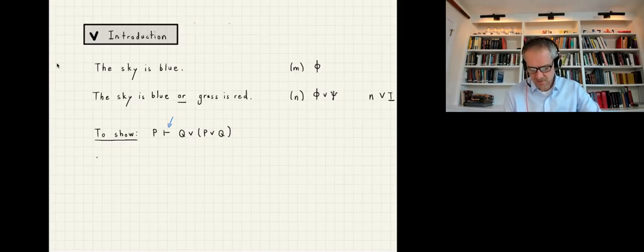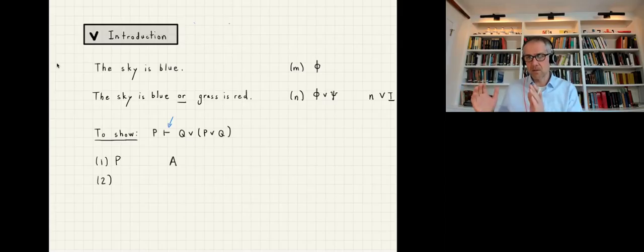Okay, so I will begin as usual, my first line, P, it's an assumption, so I write A. Now I'm not going to reason blindly. I'm going to look at the final destination that I want to get to. The final destination is Q or, and then in parentheses, P or Q. Now, that's a disjunction of Q on the one hand and P or Q on the other hand. I can't get there from line 1.